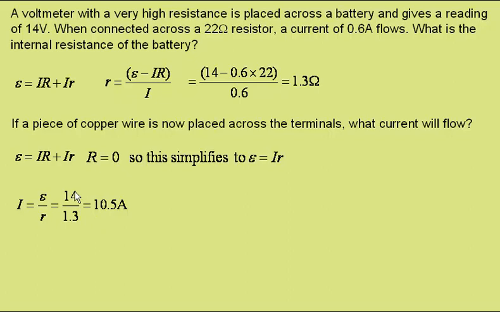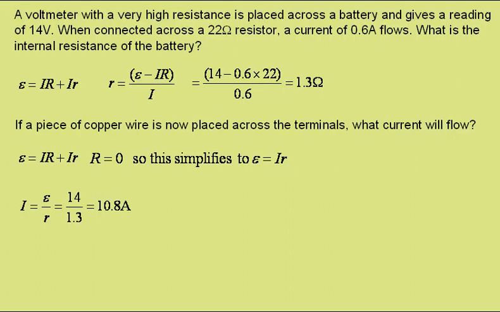If you try the calculation of 14 over 1.3, you'll find it comes out at 10.8 amps. The answer up here is actually 1.3 recurring, and I've kept the whole number in my calculator to use in this calculation. You must do this to avoid rounding errors. When doing multiple calculation problems like this, it's generally better to keep the full numbers in your calculator as you work to avoid rounding errors as you go through.